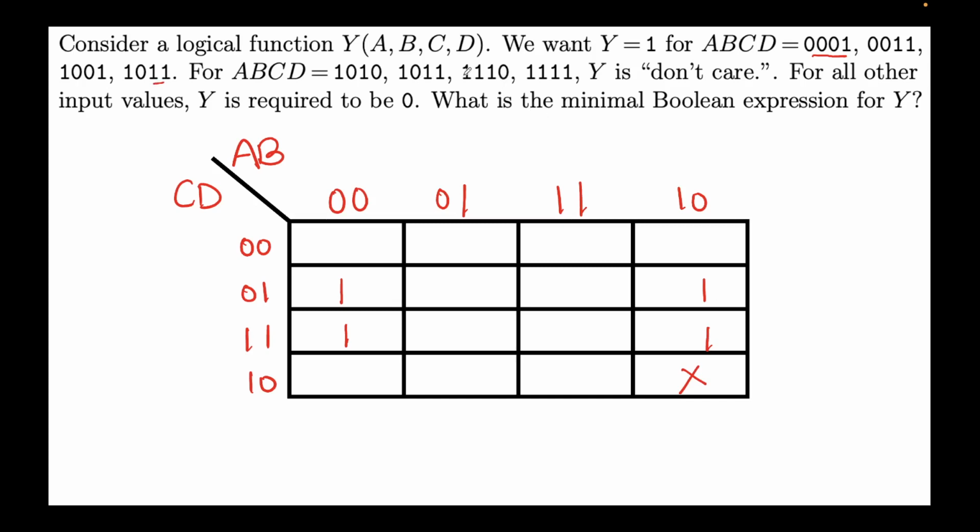Next is 1110, so AB is 11 and CD is 10, so this is X. 1111 is X again, and we are told that the rest of them are 0, so I'll put 0 everywhere else. Now I have populated the K-map.